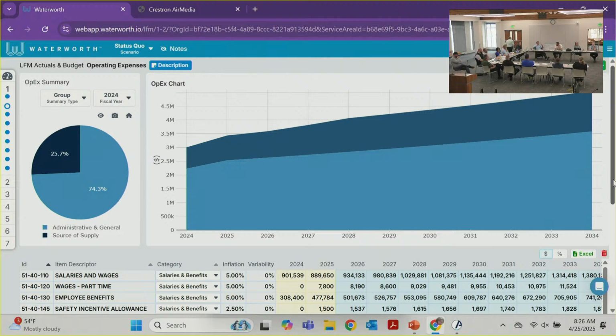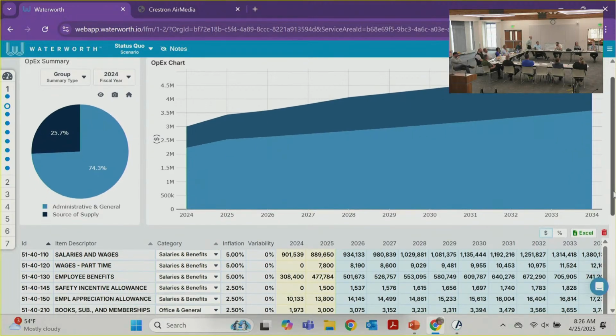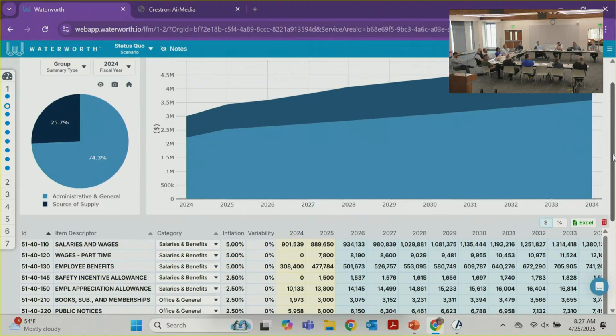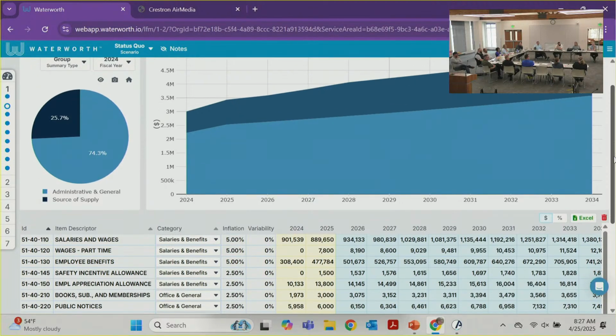But it goes to this budget. I understand that. So here's what makes up the light blue section right here. There are all these categories here, the salaries and wages related to the water fund. And we did project a 5% increase for that portion.